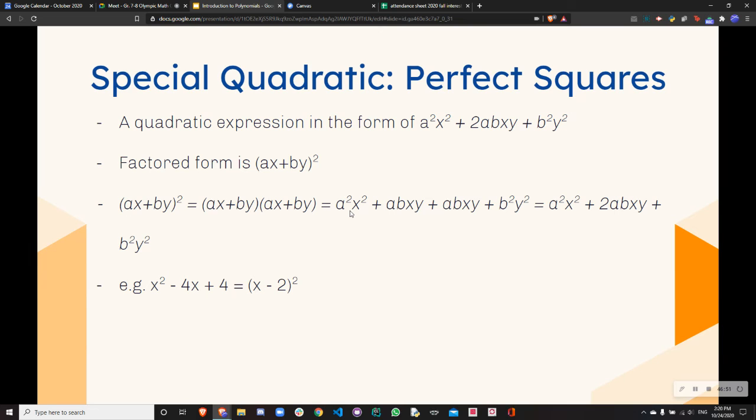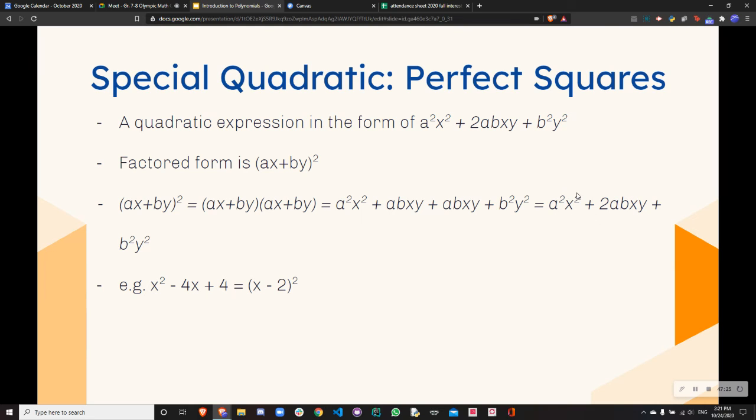When we expand this expression, we get ax times ax to get a squared x squared, ax times by to get a times b times x times y, abxy. Then by times ax to get abxy. And then by times by to get b squared y squared. We notice that we can add these two abxy terms to get 2abxy.